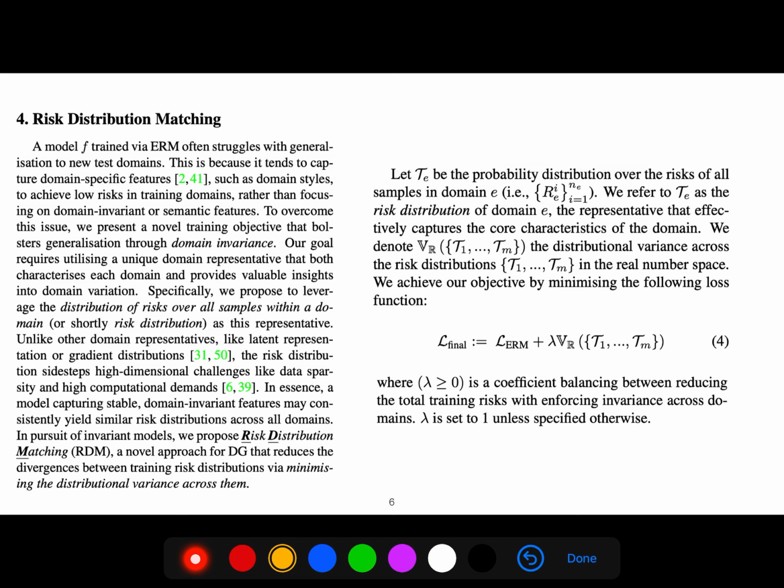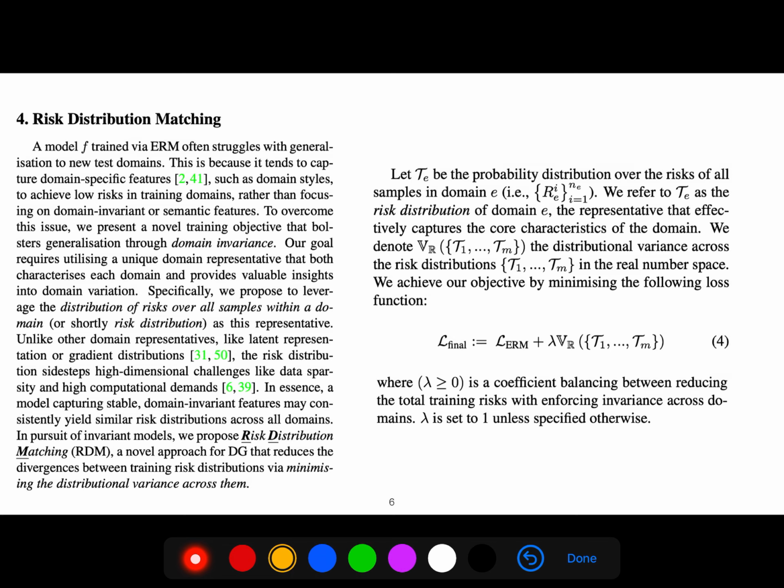Unlike other domain representatives like latent representation or gradient distribution, the risk distribution sidesteps high-dimensional challenges like data sparsity and high computational demands. In essence, a model capturing stable domain invariant features may consistently yield similar risk distributions across all domains.